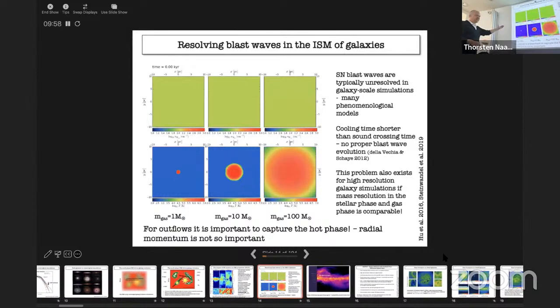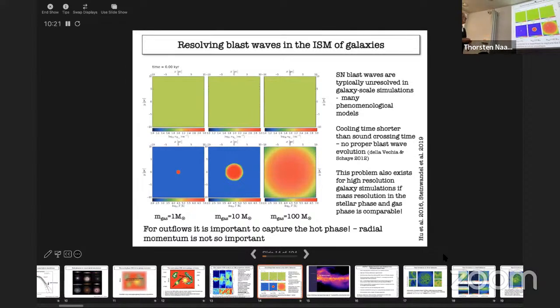Here is a brief illustration of what has plagued galaxy formation forever and is still plaguing galaxy formation. This is an example of a simulation of a single supernova explosion. Now, in a relatively highly resolved medium, these are SPH simulations with gas particles of 100, 10, and 1 solar masses.